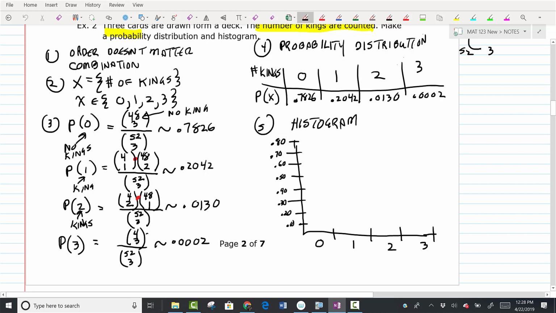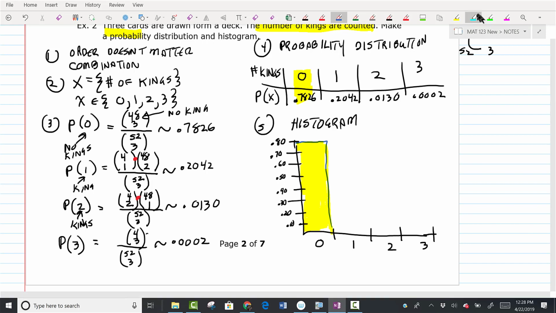So what you do when you graph this out is this. The probability of getting 0 kings is 78%. So you draw a bar and you just estimate that it goes up to about 0.78. That would be your first one, and that's the most likely outcome.